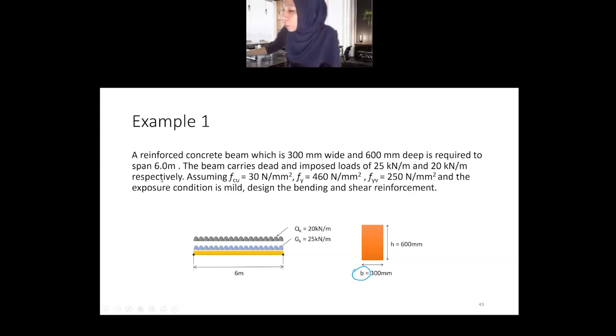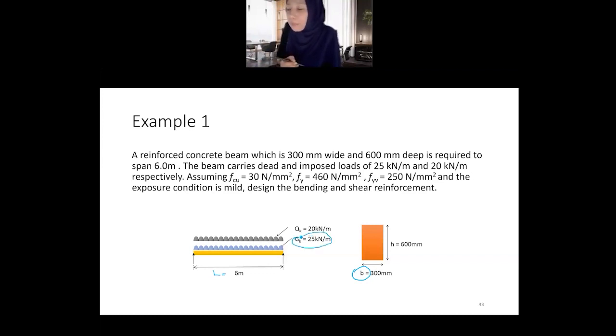it's required to span 6 meter. 6 meter, it means this is length. Okay. The beam carries dead and imposed load of 25 kilonewton per meter. So you know that 25 kilonewton per meter ni adalah dead load, means it is Gk.